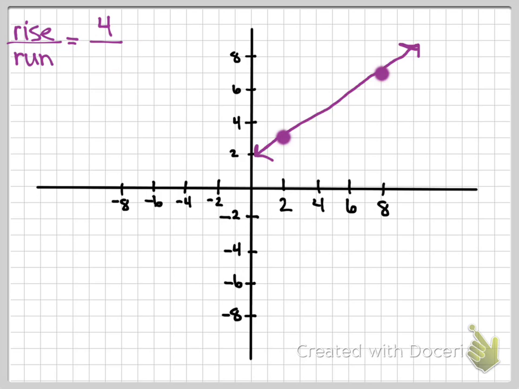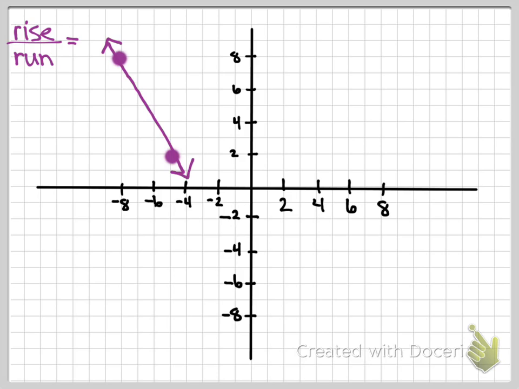All right, so now let's do another one. What if I gave you a point here and a point here and draw a line? Okay, what is the slope? All right, so we start at the top point because, again, we read it left to right.